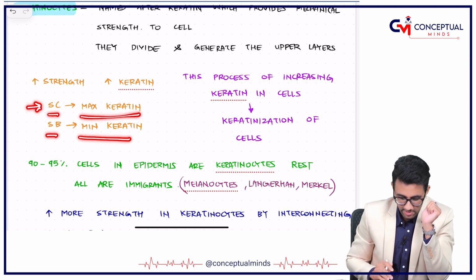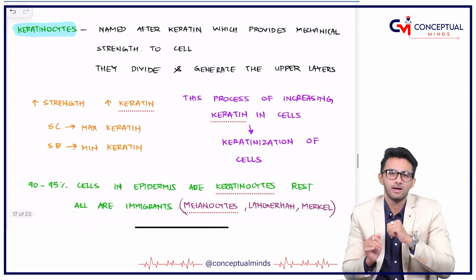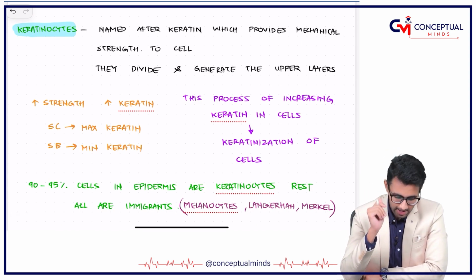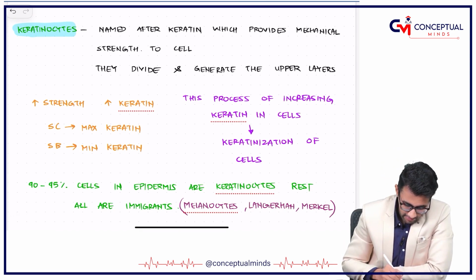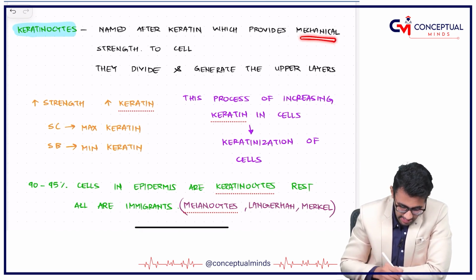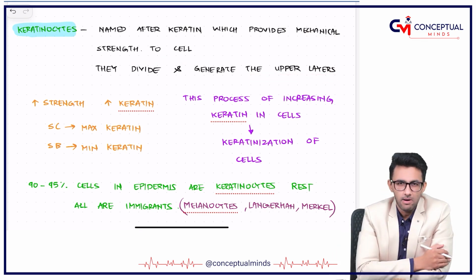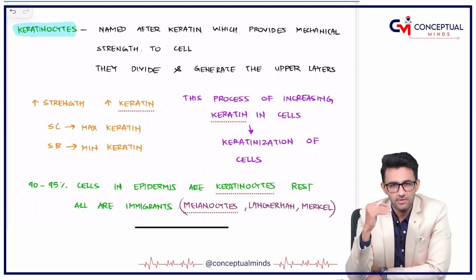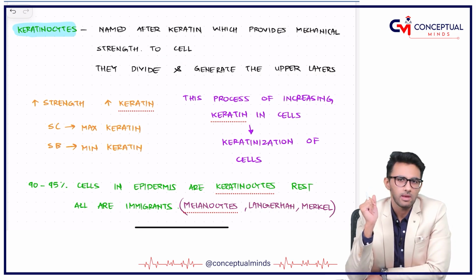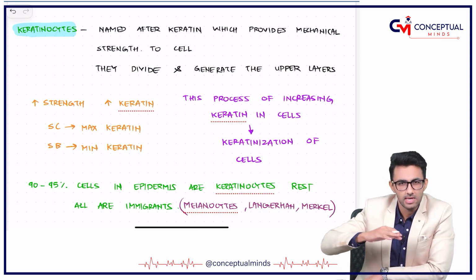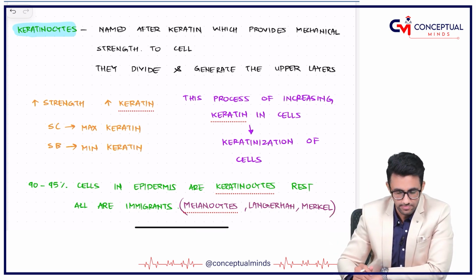Okay, so this is one concept I wanted to teach in the first place. They provide mechanical strength to the cell, and they divide and generate the layers above. So from the stratum granulosum and above, the cells will have keratin.